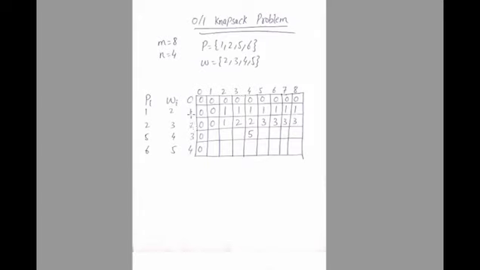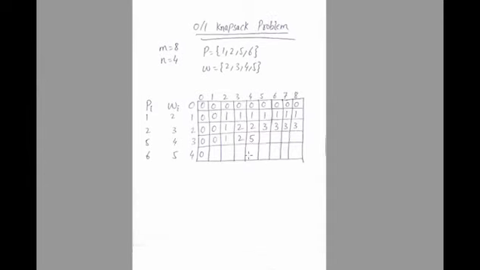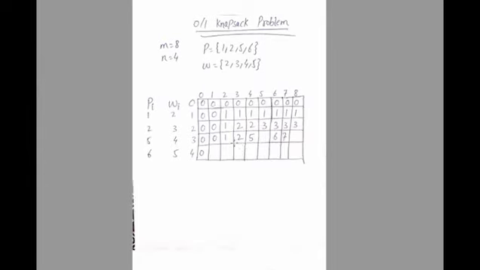For the previous ones we have nothing, so they will remain the same. If we add 4 plus 2, we get the weight as 6 and the profit is 5 plus 1, that is 6, so we will write 6 here. If we add 4 and 3, we get the weight as 7 and the profit as 7.